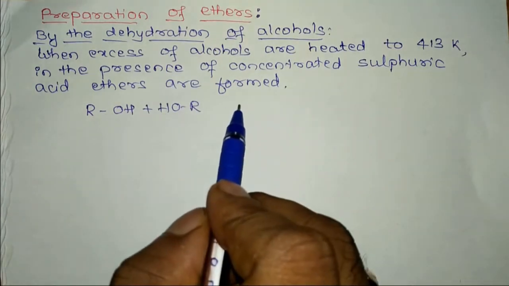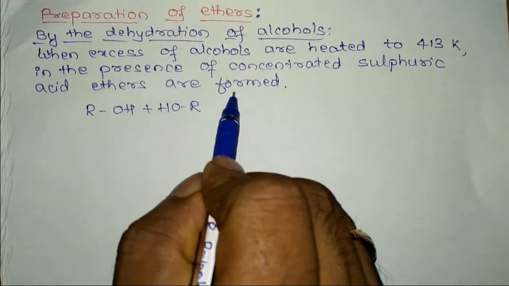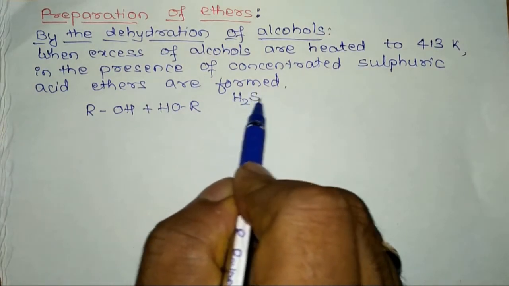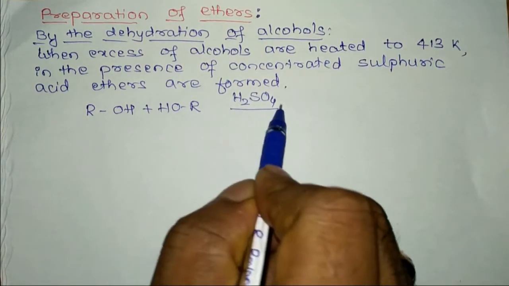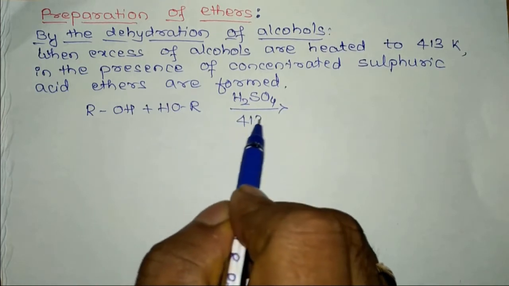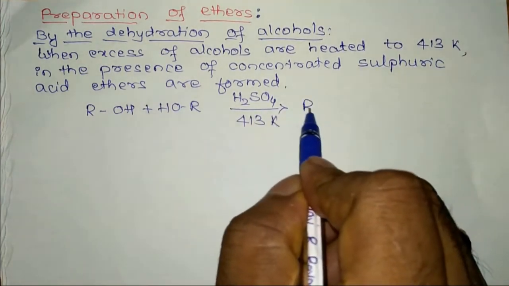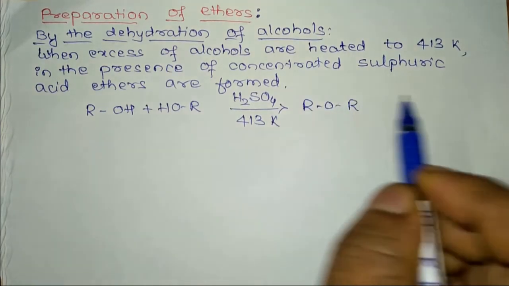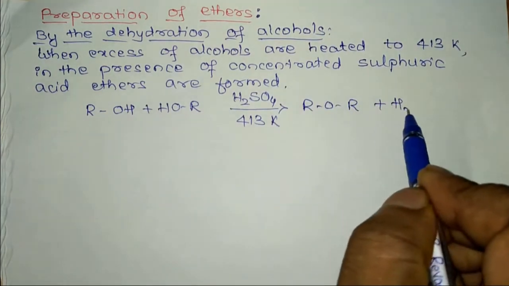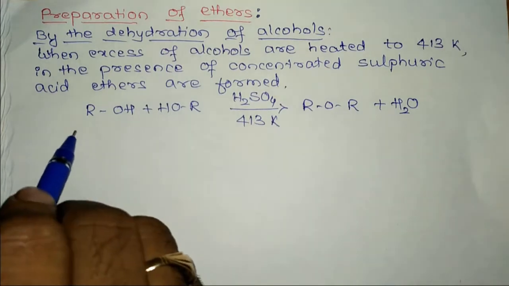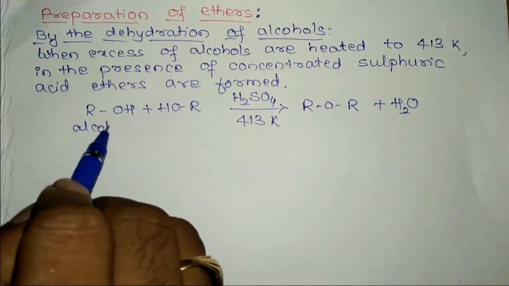Excess alcohol is heated with a small amount of sulfuric acid, H2SO4, at 413 Kelvin. You are going to get ether, ROR plus H2O. This represents alcohol.